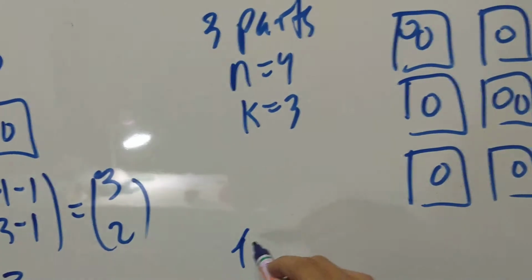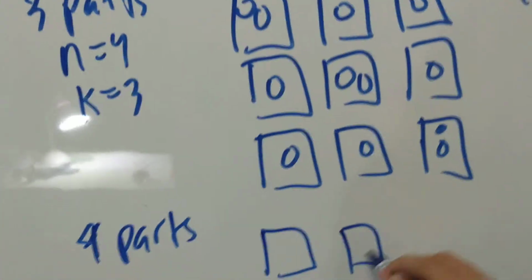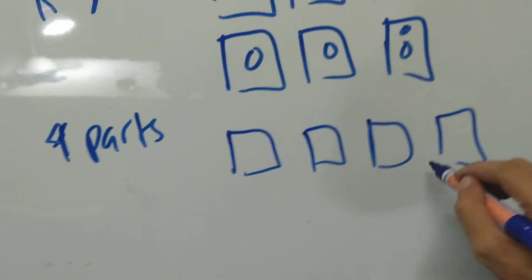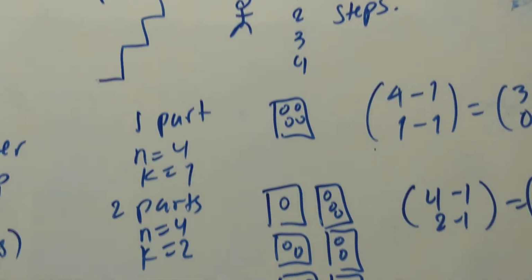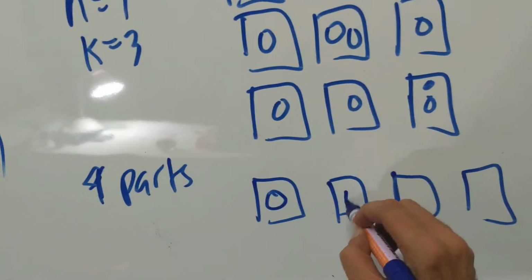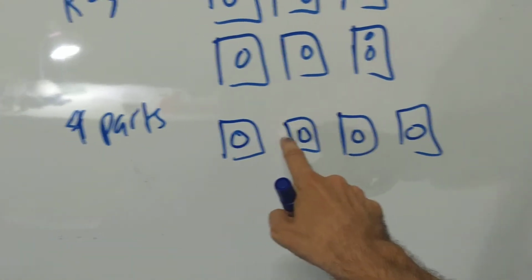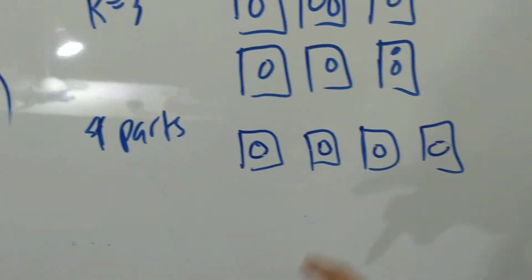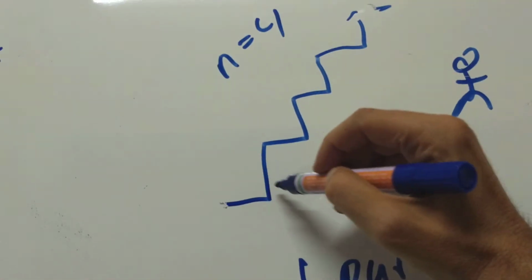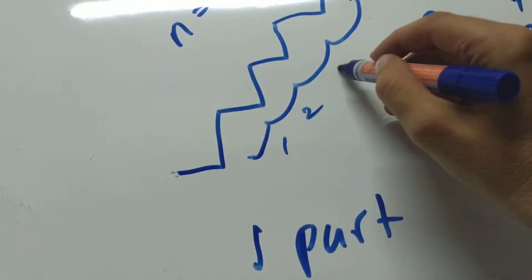One more, 4 parts. As far as I can think through all of this, there's only one way to do it: 1, 1, 1, 1. You distribute the steps this way, and he does 4 individual 1 steps like this.